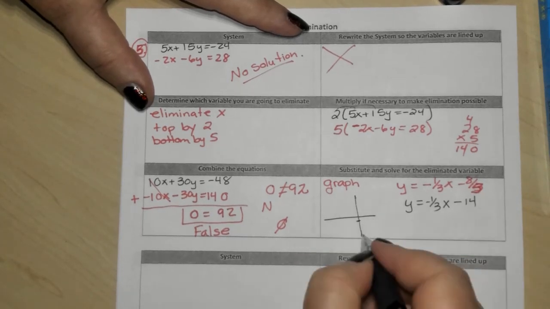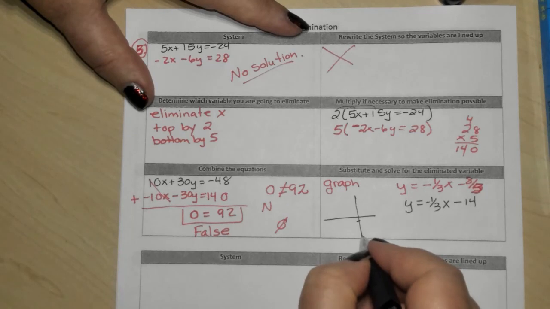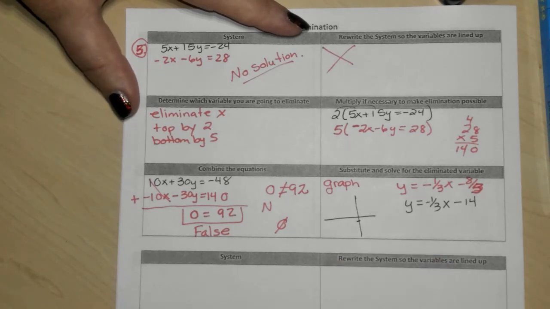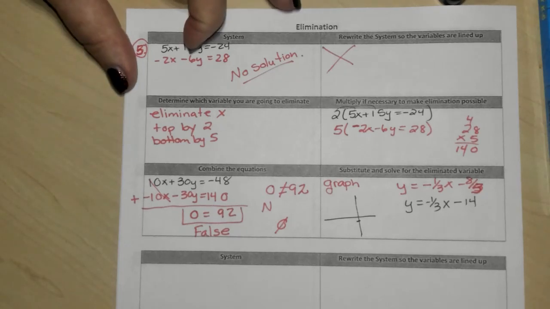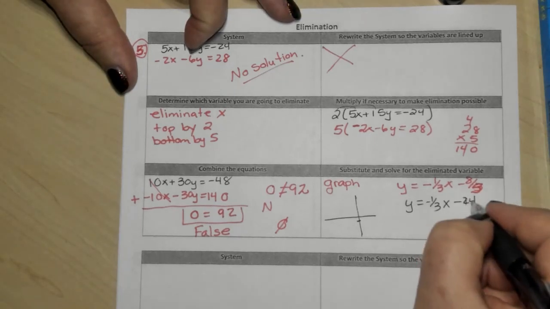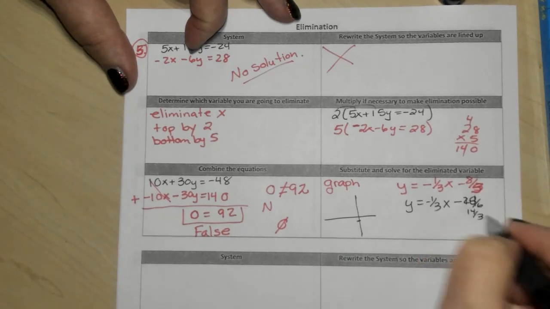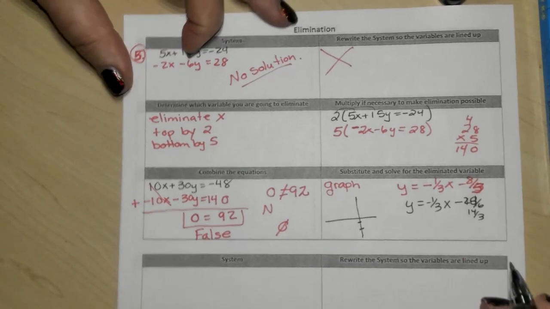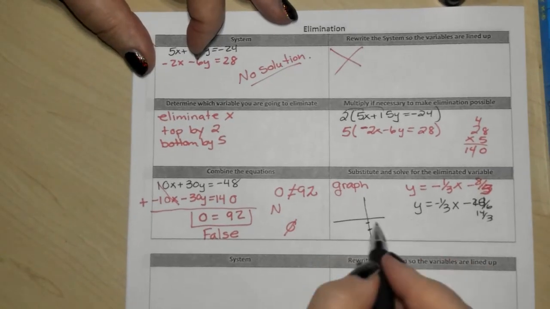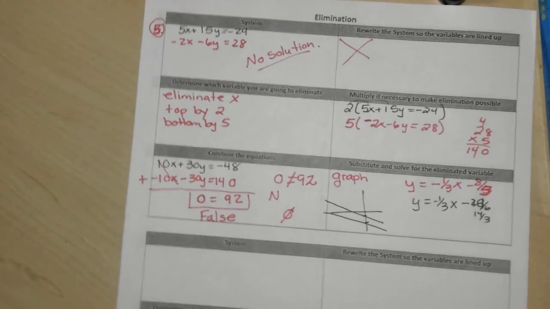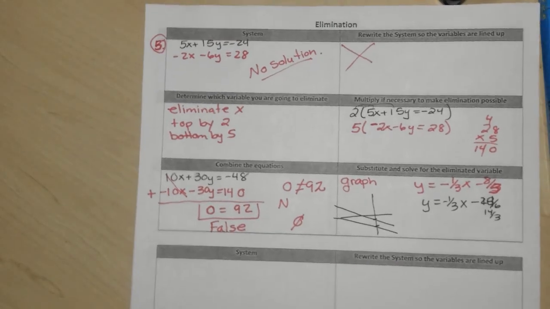This one's going to cross all the way down at negative 14. Oh, no, it's not. I divided by the wrong thing. I was supposed to divide by negative 6. So that's 28 over 6. That's 14 over 3. So negative 14 over 3 right there. And they both have a slope of negative 1/3. They're going to look like that, something like that. All right, great job.